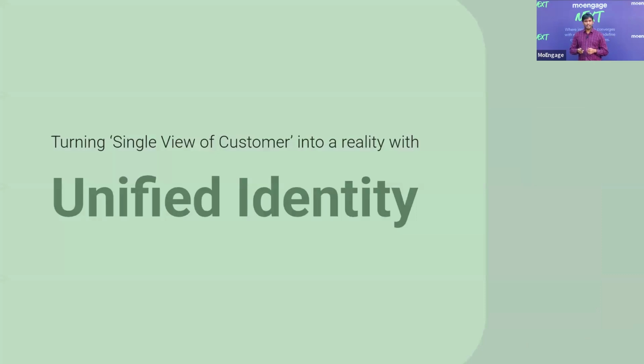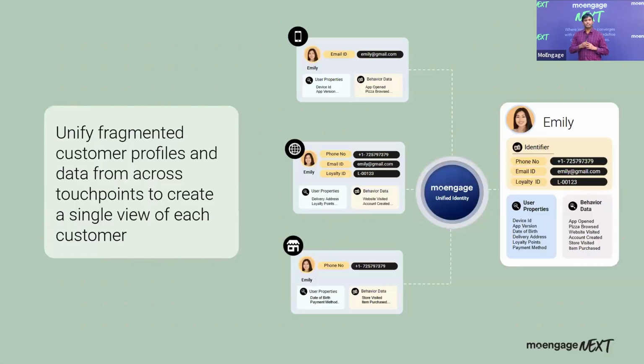So MoEngage Unified Identity enables you to stitch the customer behavior and profiles across multiple identifiers. You can define identifiers like your email address, mobile number, loyalty ID, or unique customer ID, and then each touch point can send data with different identifiers, and MoEngage Unified Identity would automatically stitch the customer data across all these different touch points into a single unified customer profile.